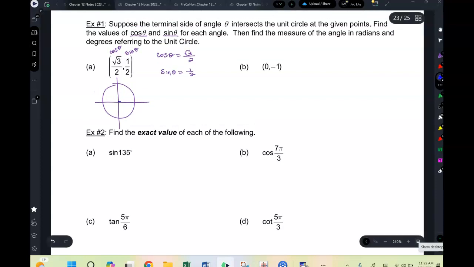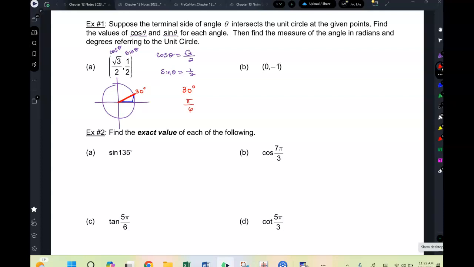So I go a longer distance here, a shorter distance there. That's the angle that I've traced out. If I go longer and then shorter vertically, that's the closest one to the x-axis. So that's the 30-degree angle, which means this is 30 degrees and pi over 6.